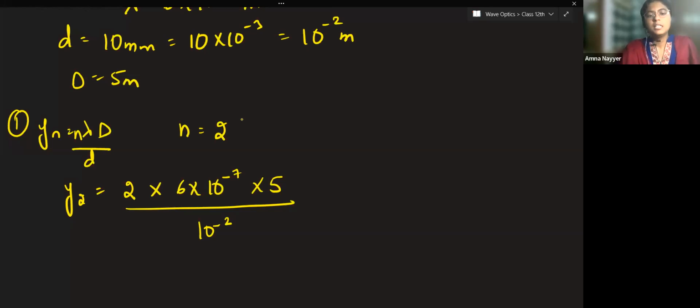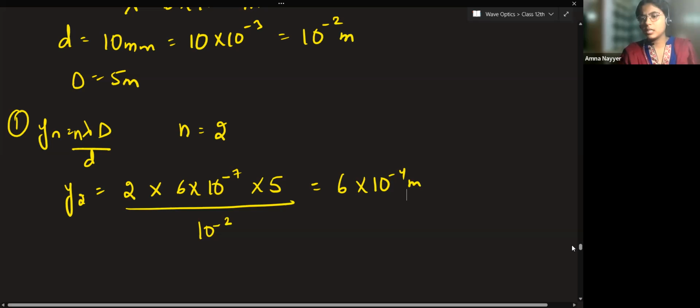Right? So this becomes 12, and this is in 560. So this becomes 6 into 10 to the power minus 4 meter, right? Just correct me if the calculations I'm doing are incorrect, because I'm doing it orally.